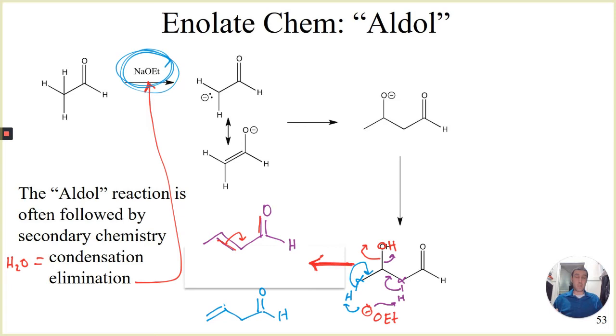And that's why our aldols almost always undergo this secondary reaction, because we end up making a much more stable product than what we started with. Okay? And that's due to that internal conjugation. The blue one really isn't more stable. If anything, it's less stable than our starting material, so the blue one doesn't make sense.